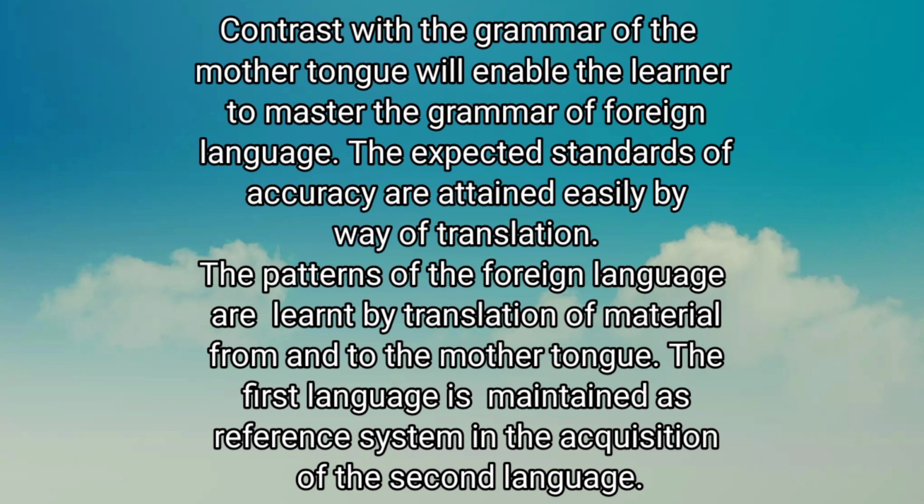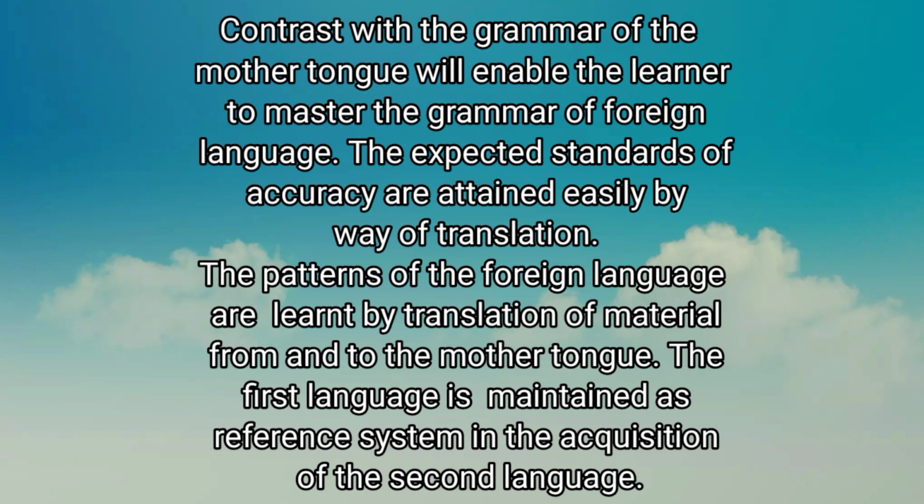Next one, the patterns of the foreign language are learned by translation of material from and to the mother tongue. The first language is maintained as a reference system in the acquisition of the second language.